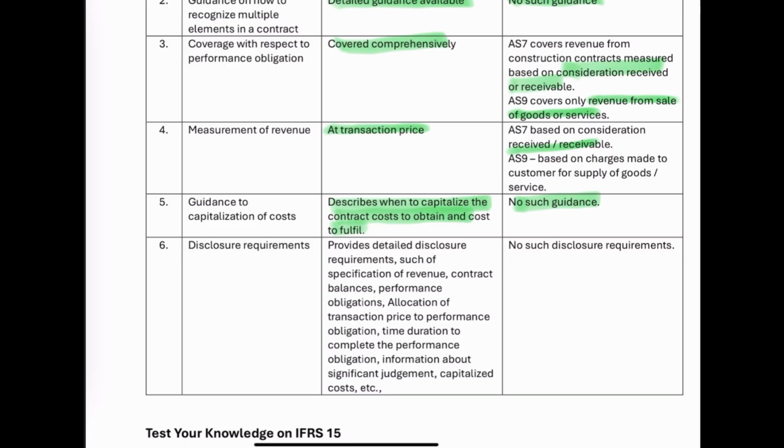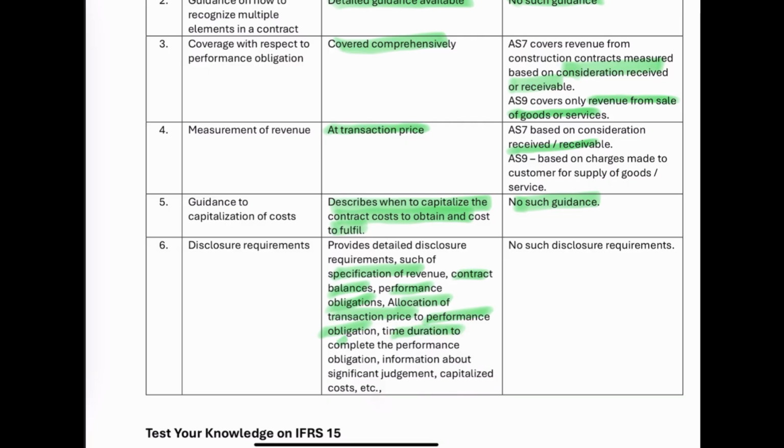Then under disclosure requirements, we have detailed disclosure requirements under Ind AS 115. There are disclosures like disaggregation of revenue and then contract balances. Then what the performance obligations are needs to be specified in the financial statements. Then how the allocation of transaction price to the respective performance obligations is determined also needs to be specified.